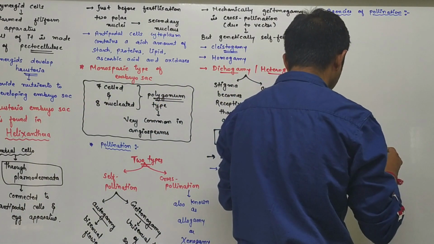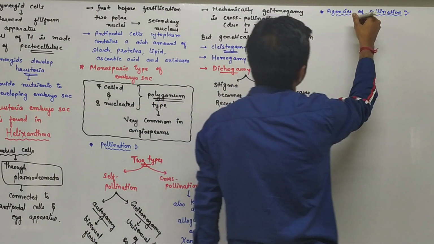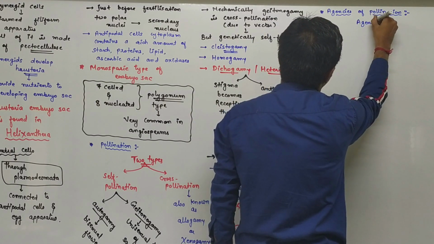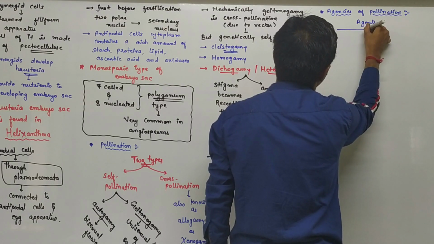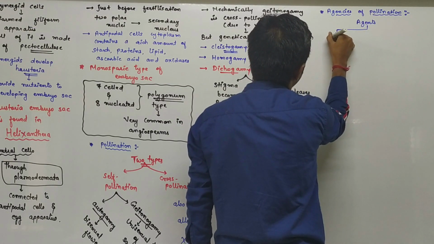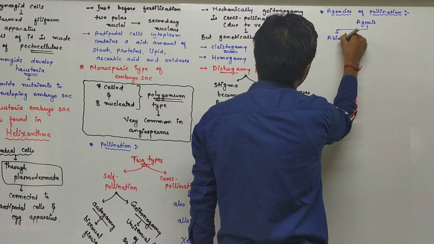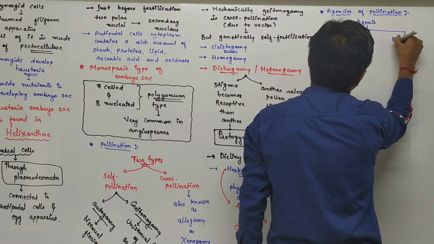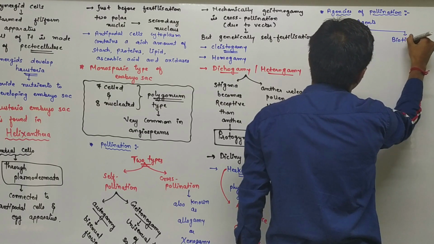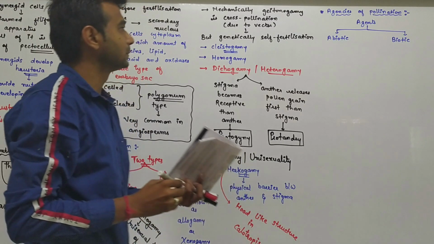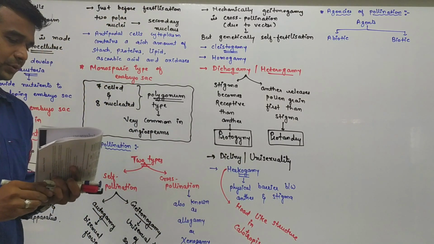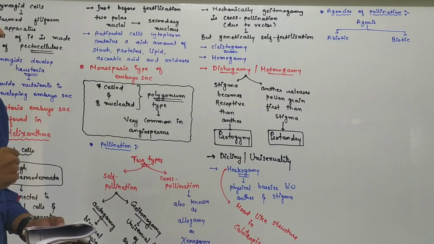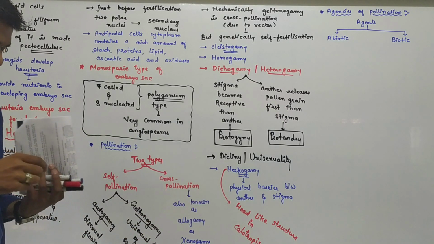So, agencies of pollination are so many here. Abiotic agents. Okay, so two types of agencies are there, abiotic agencies and biotic agencies.